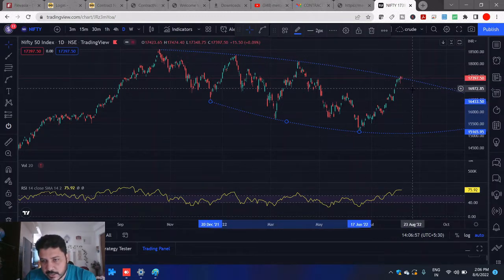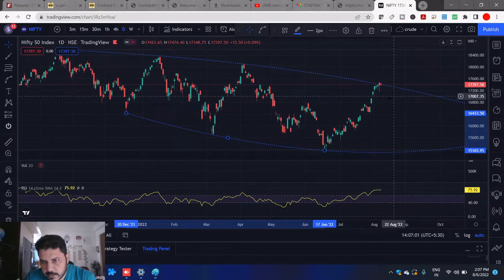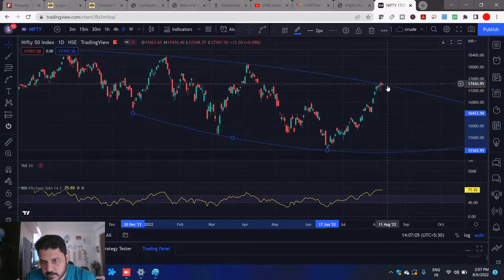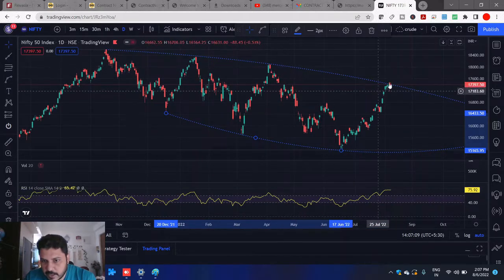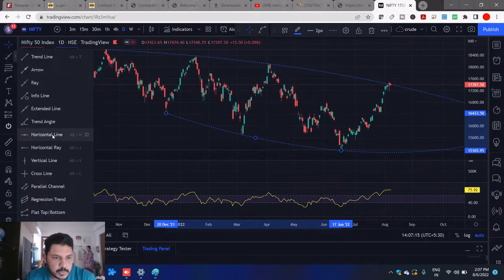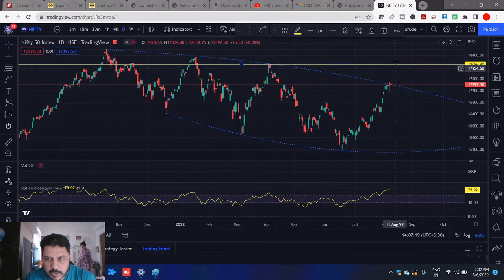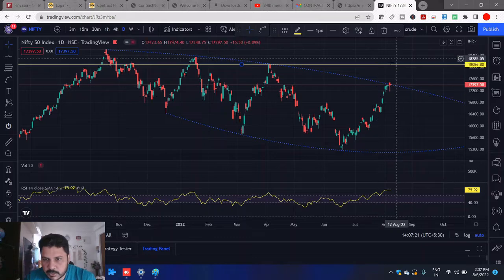Now there is a high possibility that the market can drop from here, or there is a high possibility that it can break out and make a new higher high. If the market makes a new high above this high, then the change in the trend is quite evident.